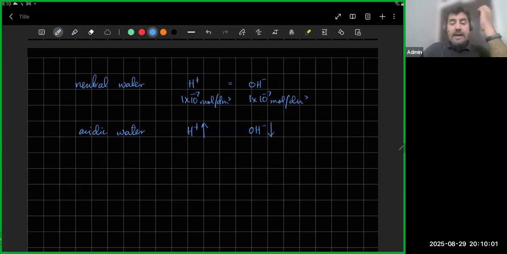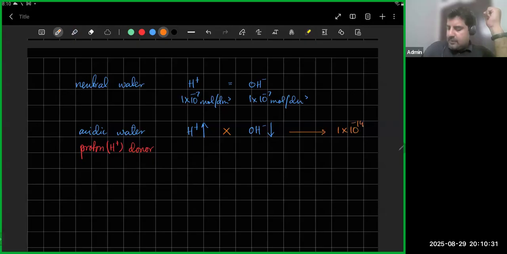If you add acid to water, the OH minus ions are going to get neutralized, so there's going to be very little OH minus, and the H plus 1 concentration would be higher. What is an acid? It's a proton donor, an H plus 1 donor. But the product of the concentrations would still be equal to 1 times 10 power minus 14. That's going to be a constant.